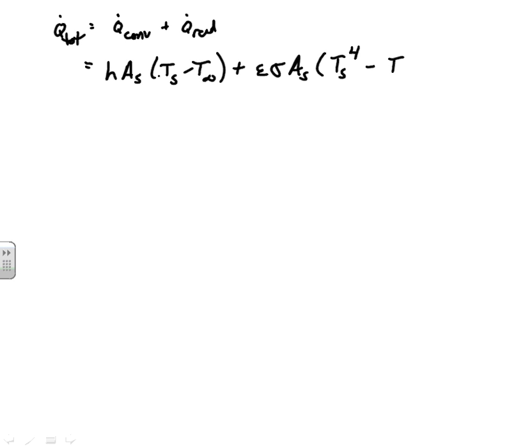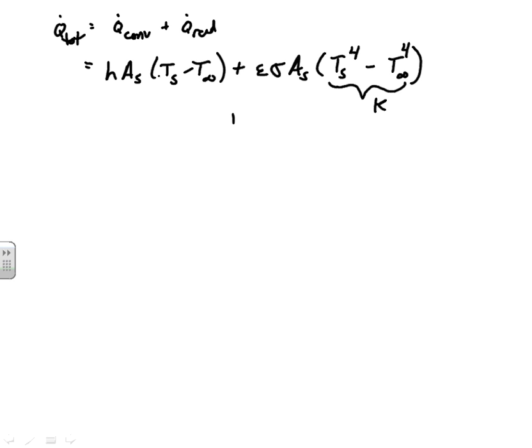But in this case we're told that the surroundings are also equal to T infinity, okay? Now, in this equation, these temperatures in the radiation have to be in Kelvin.